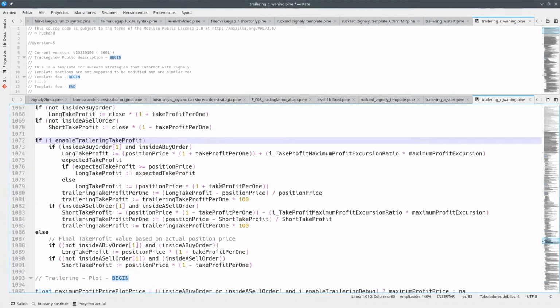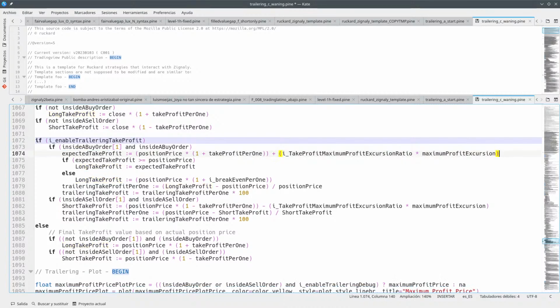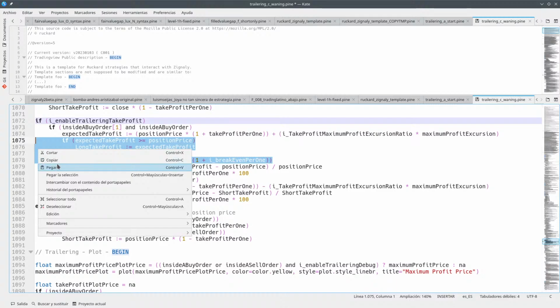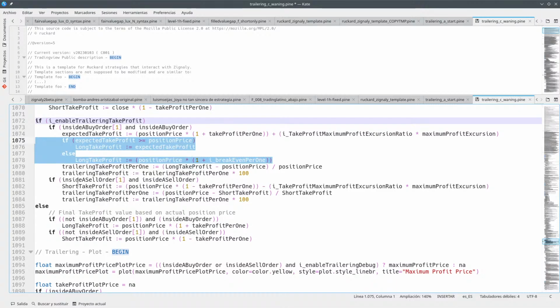So, okay, this is expected take profit. Okay, so the same thing needs to be done down here. Where are you?